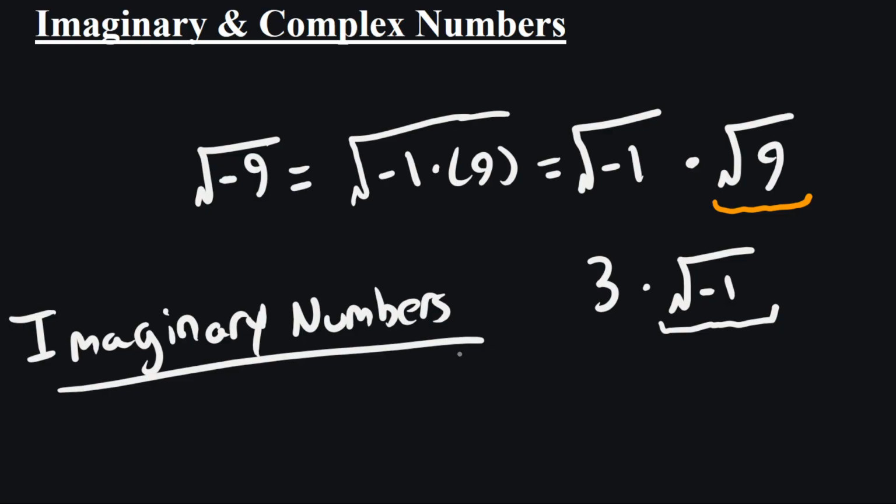Okay, so let's talk about imaginary numbers. We can take the square root of negative 1. In fact, the square root of negative 1 equals, and we represent this with the letter i. So we use the letter i to represent the square root of negative 1.